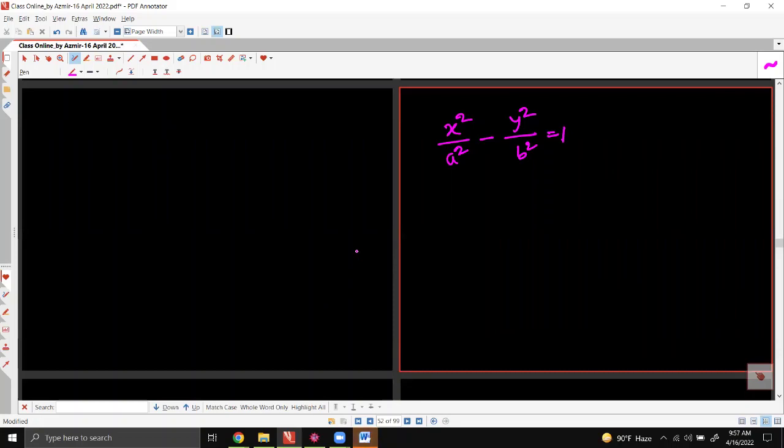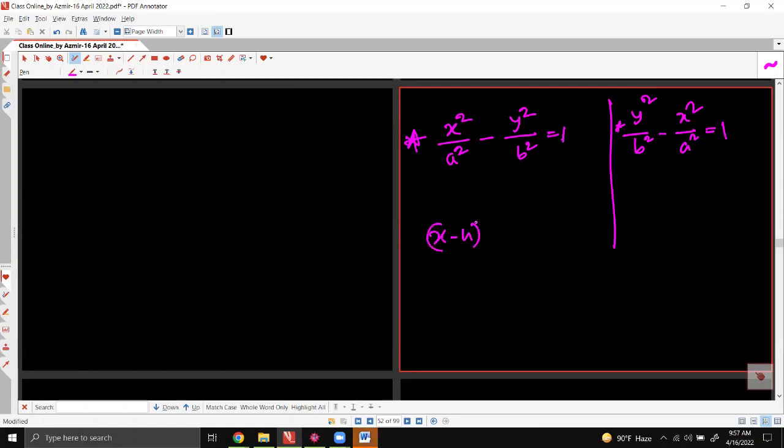This is the first hyperbola. We may have also another hyperbola: y squared over b squared minus x squared over a squared equals 1. So we have these two forms. These are known as standard forms.